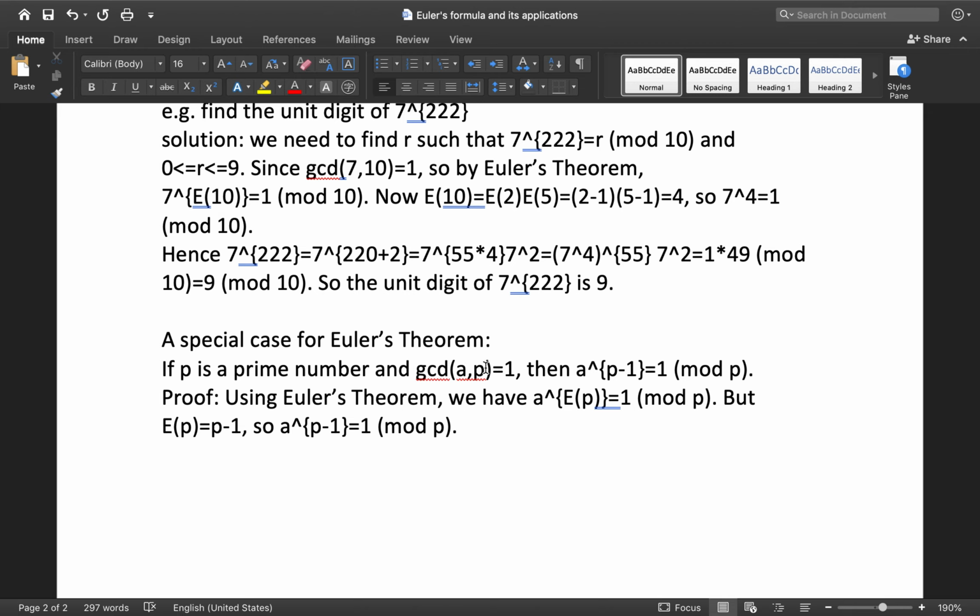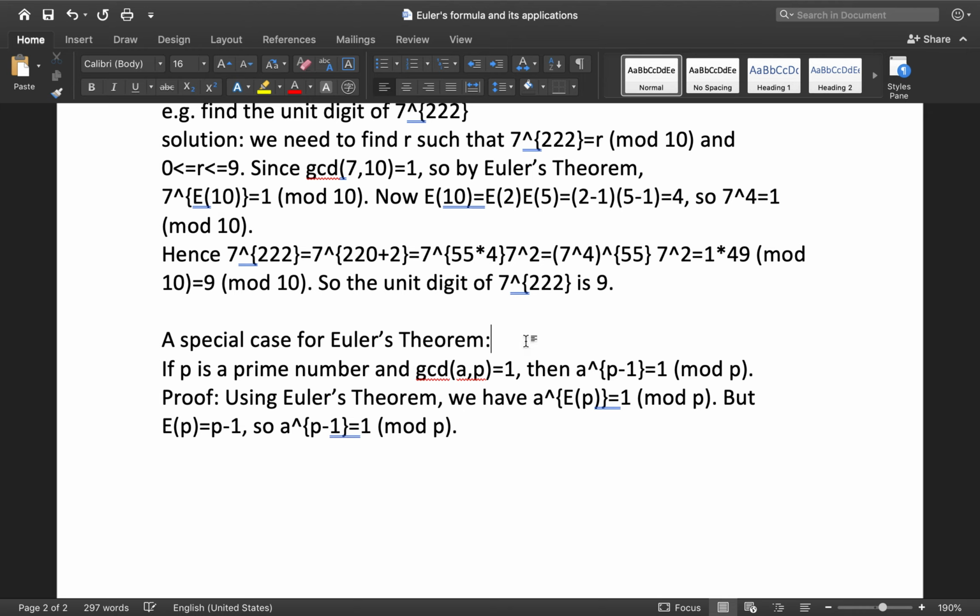In this case, if A is not a multiple of P, then of course they must be relatively prime, because P is a prime number. So as long as A is not a multiple of P, you always have GCD of A and P equal to 1, and then you can use this special case to get this relation.